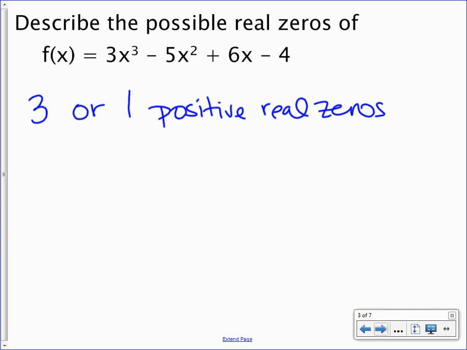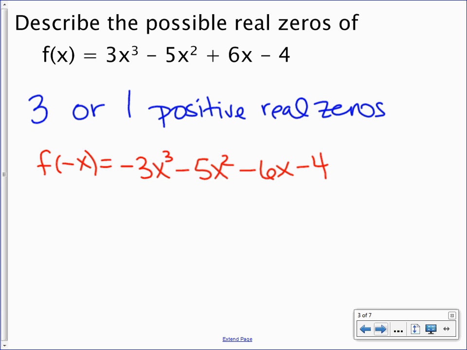Now let's look at f of negative x. Okay, what happens when we plug negative x in and we cube it? It makes it negative. What happens when we plug negative x in and square it? It stays the same. And then 6 times negative x. Okay. How many sign changes are in f of negative x?